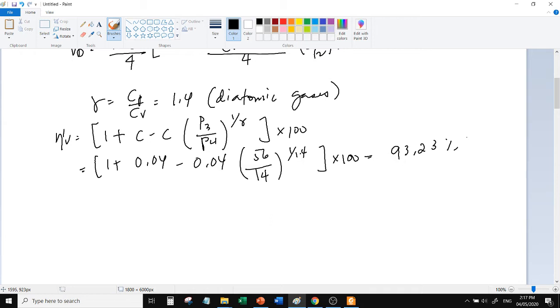Now, this volumetric efficiency is actually equal to V1 prime over VD. Diyan natin siya dinerive at first. That's the starting equation.